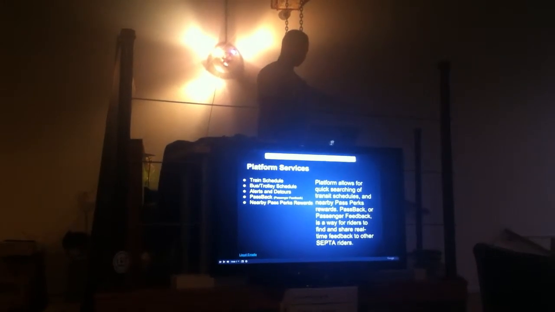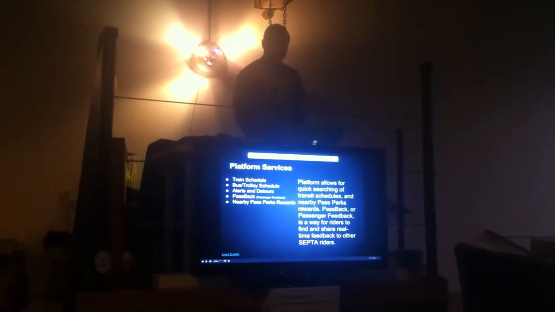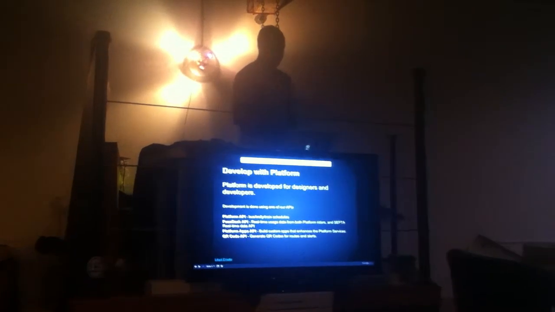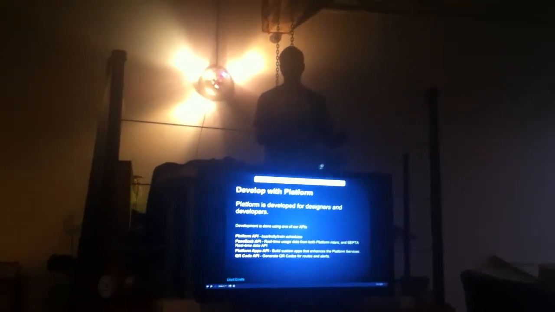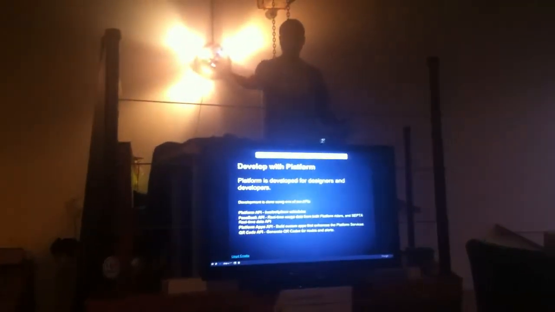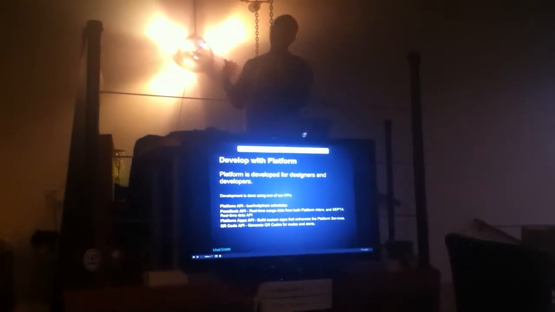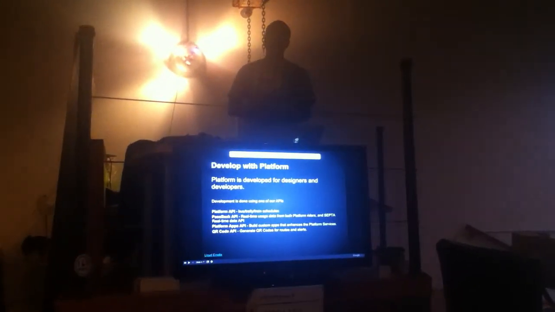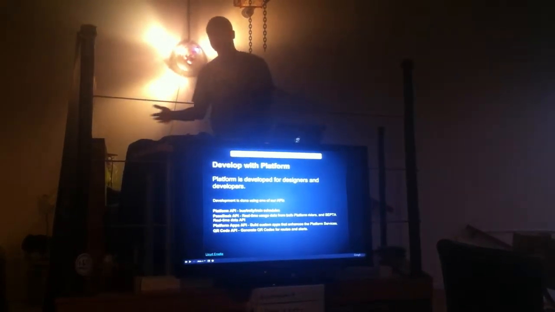So all of these things go into the platform service, and the main thing behind this is to help developers develop quicker. Bring in all this great work that everyone's done, the great work you guys did with the sales information. I know that's a lot of work, and you were mentioning, how do we get it out there to the public?